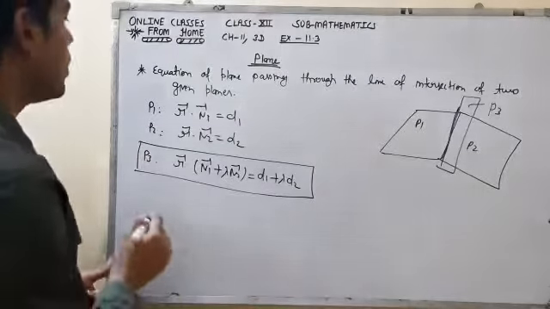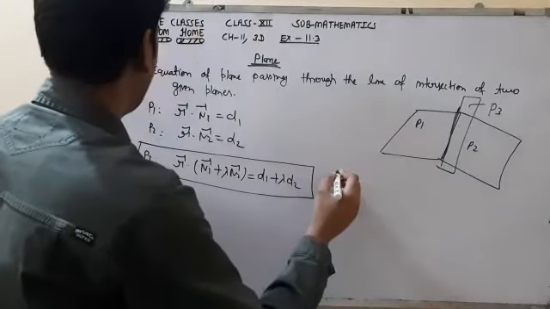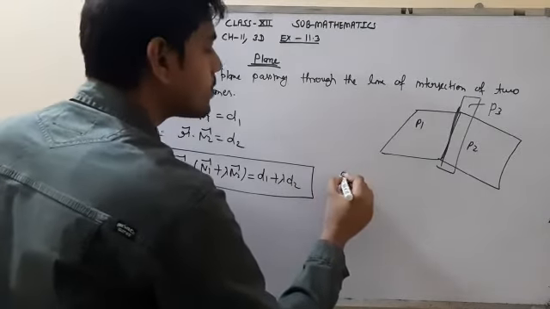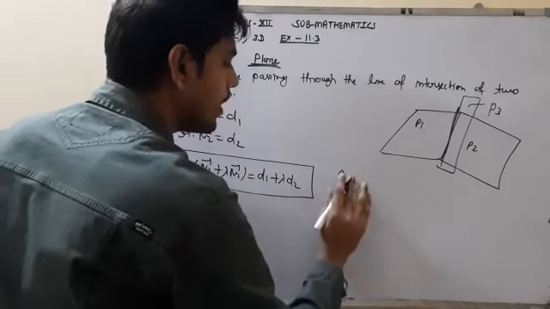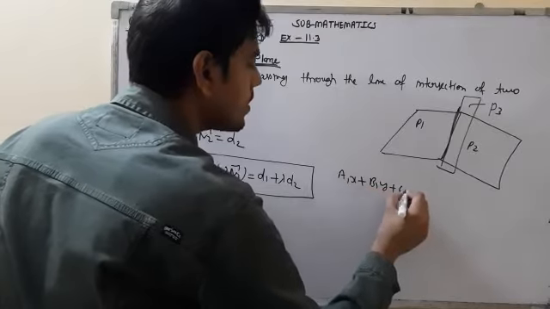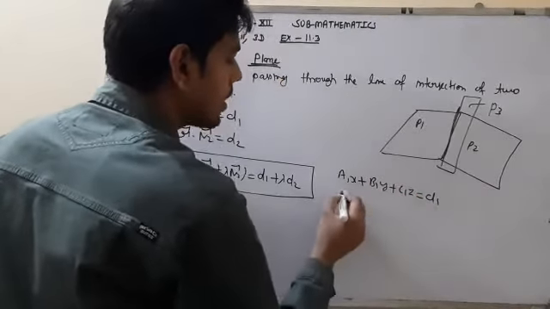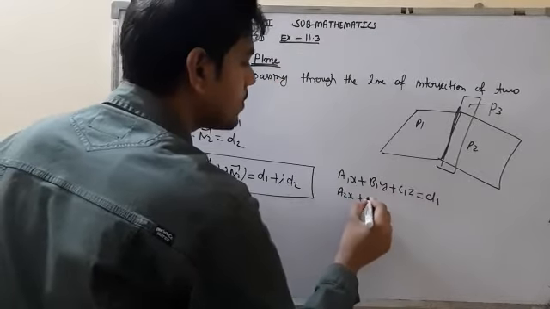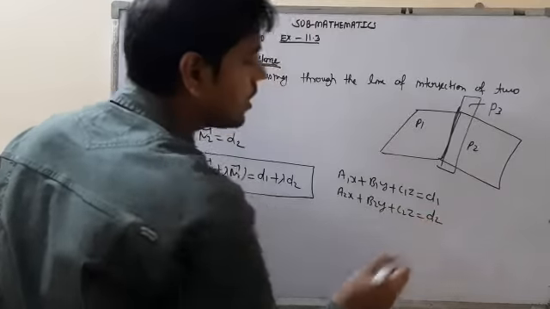Okay, so now suppose we have given planes in the Cartesian form. Suppose we have given a plane a1x plus b1y plus c1z equals d1, and another plane a2x plus b2y plus c2z equals d2. So these are the two given planes.